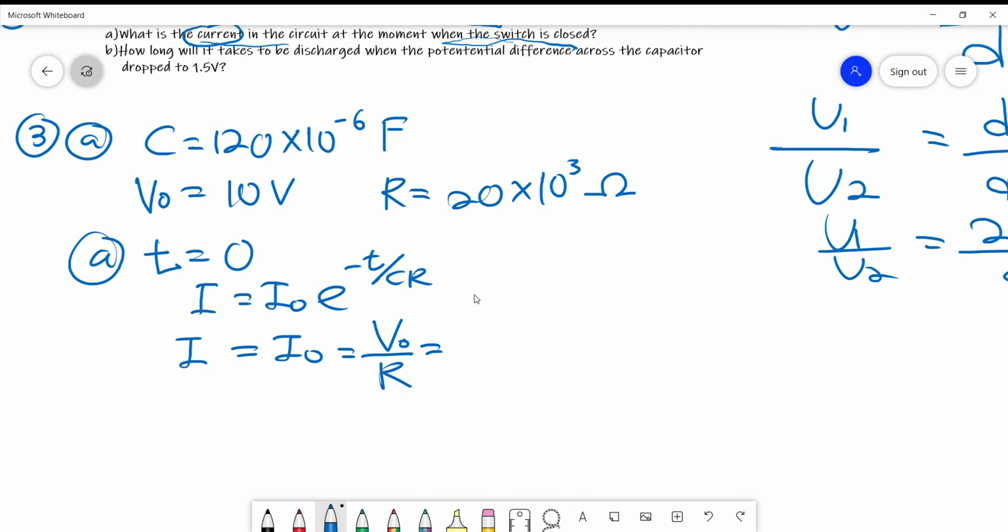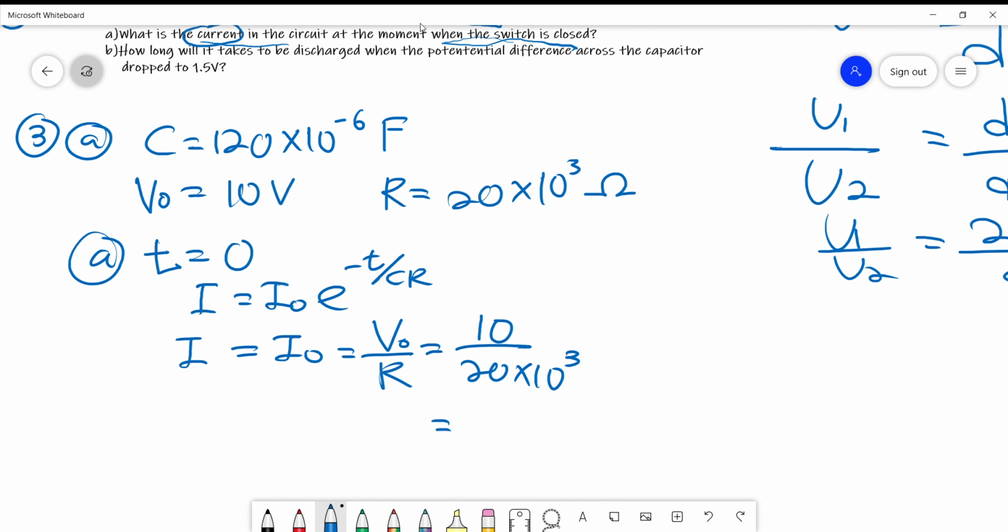So V naught from the battery is 10 volts, and the resistor is 20 times 10 to the power of 3. Note that this V naught is initially from the battery. After the capacitor is fully charged, the potential difference across the capacitor is 10 volts, the same as the voltage from the battery initially.